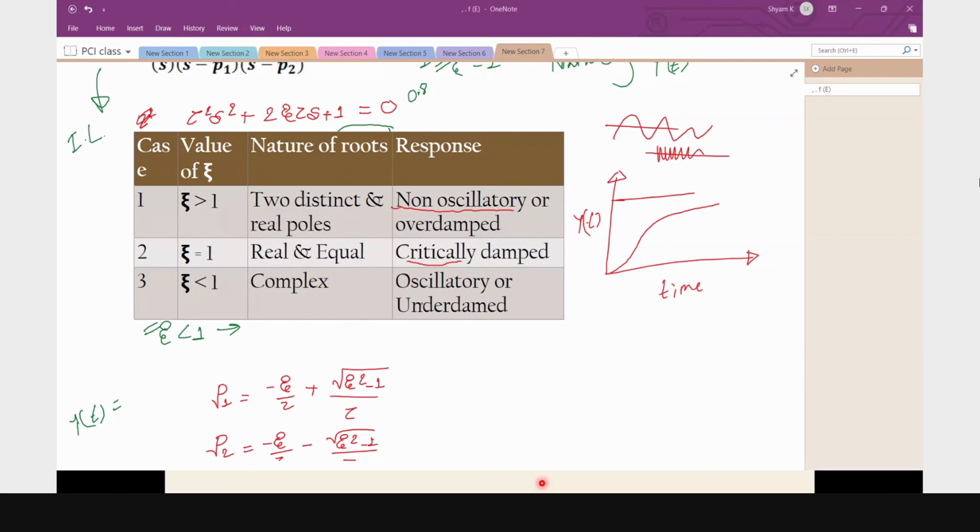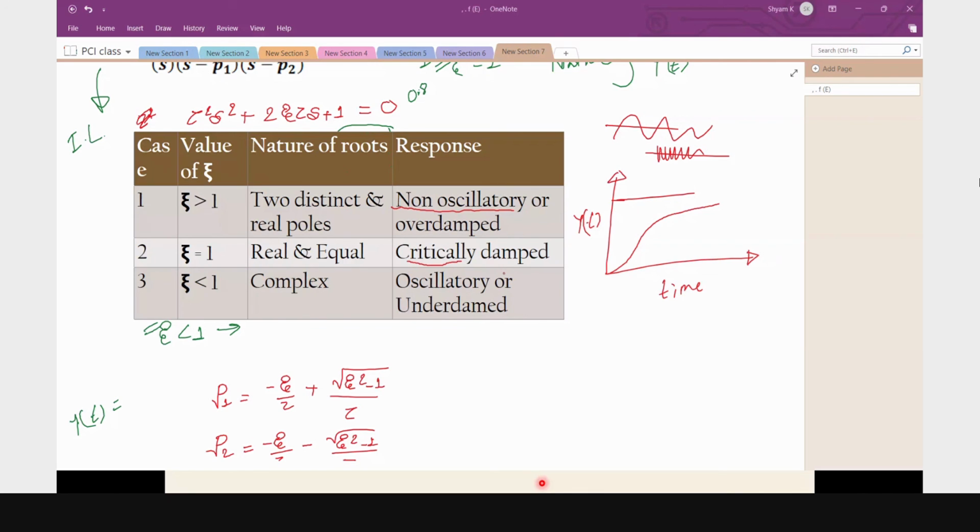Anything else? Does anyone want to say something? Okay, very simple thing. We can derive it. But right now, the concept is that you just identify that y depends on the roots of the quadratic expression in the denominator, and the roots of quadratic expressions are nothing but a function of xi, the damping factor, and the damping factor needs to be compared with 1.